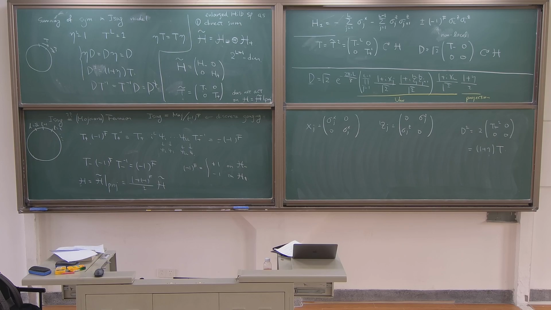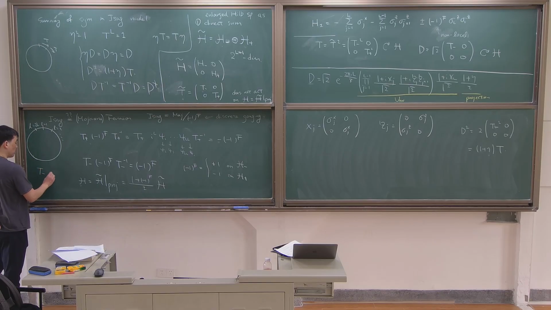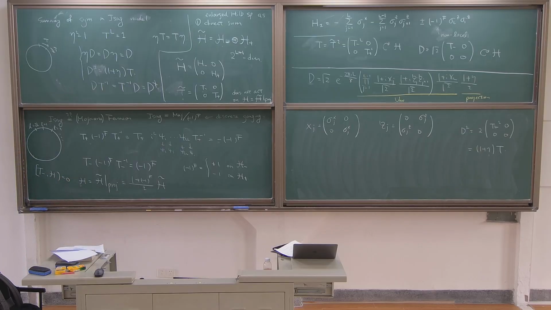So T minus commutes with the Hamiltonian, right? It is equal to 0. And then the Hamiltonian, so it's not... It's the Hamiltonian, right?